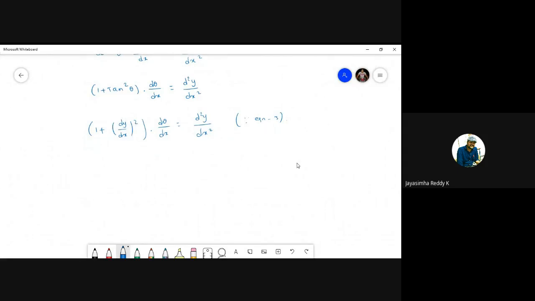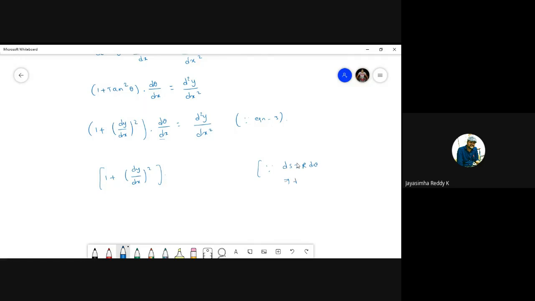So here d theta can be replaced as ds by r. So how? 1 plus dy by dx whole square into, so I'll just make this dx move that side, and d theta, so we have got this, students, ds is equals to r d theta.